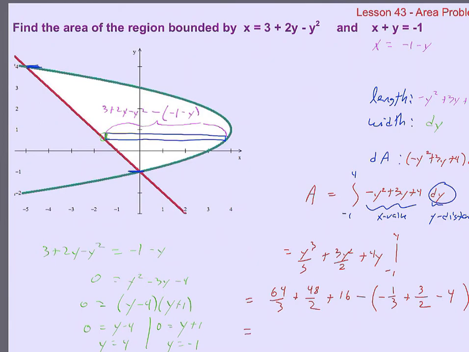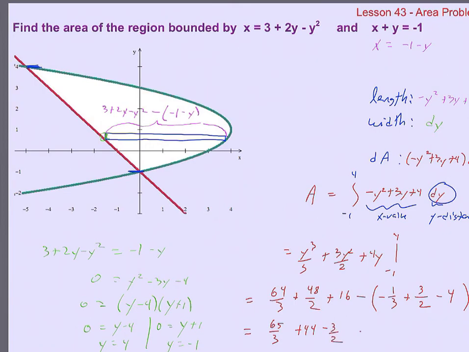And by the way, I could convert everything to a common denominator, but you'll find in this case it's not really necessary. 64 thirds minus negative 1 thirds is 65 thirds. 48 over 2, well, I might as well just make that a 24, plus 16 is 40, plus 4 is 44. And then the 3 halves is by itself.